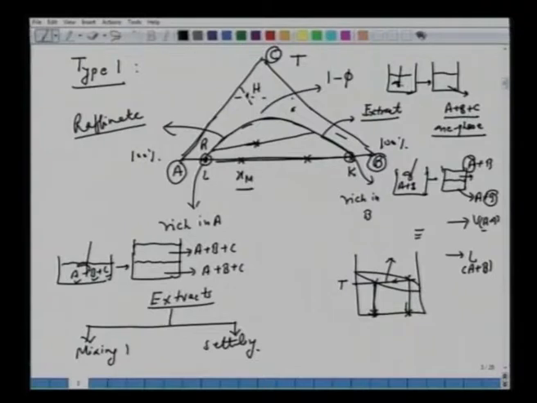You can represent it like a CSTR reactor, and here you have a very simple settler, no mixing. We have mixed A plus B plus C, the temperature is fixed, allow them to settle, and we get two phases, raffinate and extract. The raffinate phase contains a certain amount of C, which is smaller than what we have in the extract. That's what we would expect.